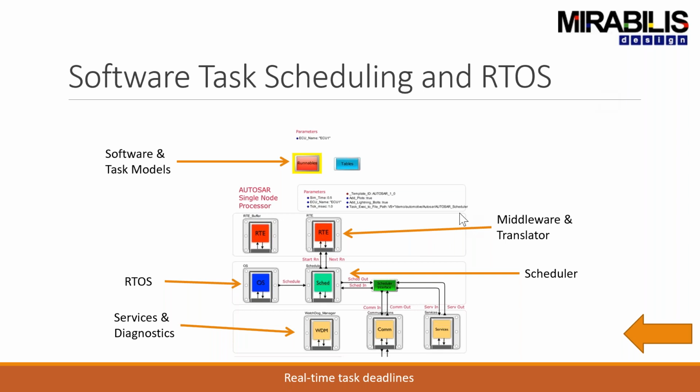Now, going back to the software task scheduling, one of the key things is being able to accurately describe not just the operating system or the scheduler, or even in this case a middleware with its own buffer, but also other things like your diagnostics, your IO networks, and also the actual processing of my, in this case, runnables, which is an automotive term, but it could be something more related to the actual software or the task that's going to be running on the system.